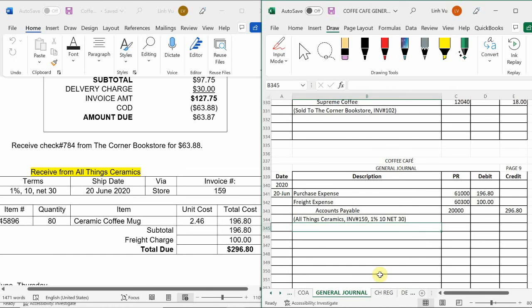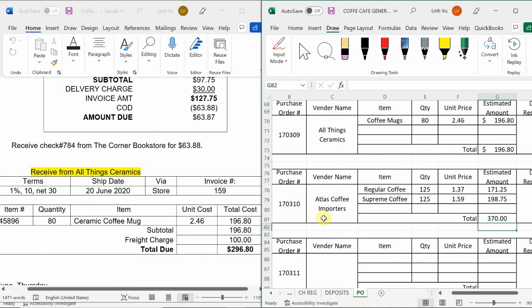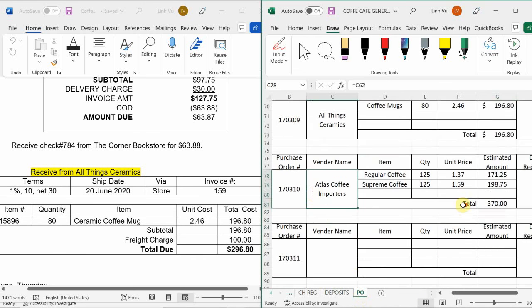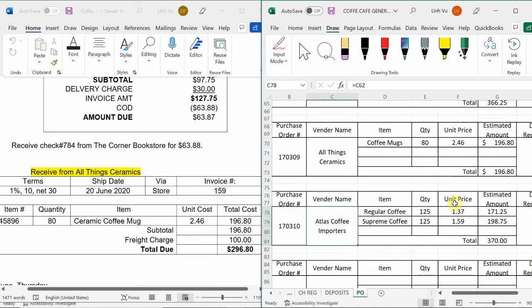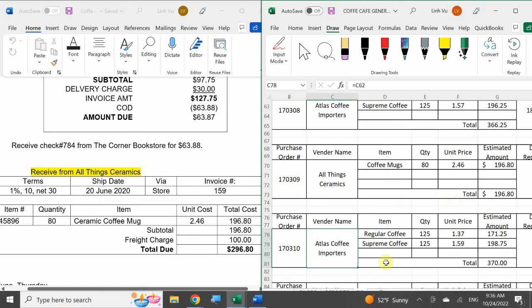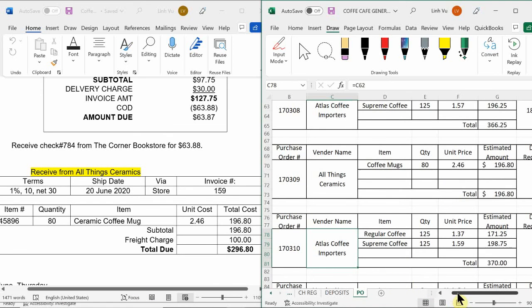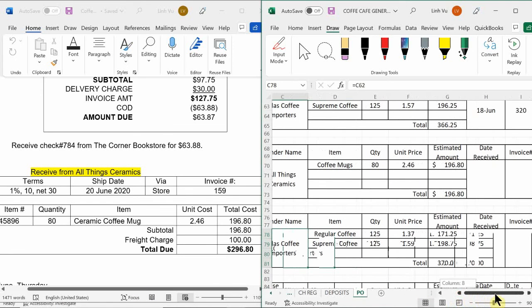Okay. So let's go do that purchase order like you said to just ensure that we received the coffee mugs. So let's see. Okay, all things ceramics for $196.80.